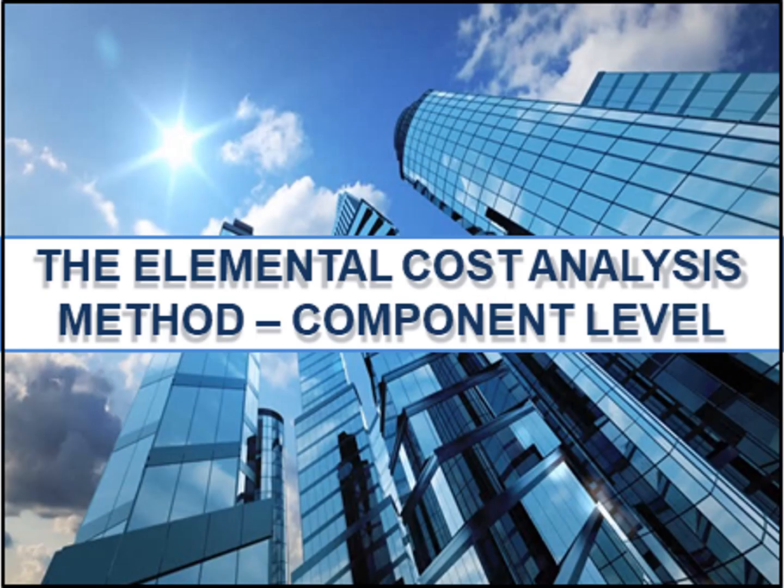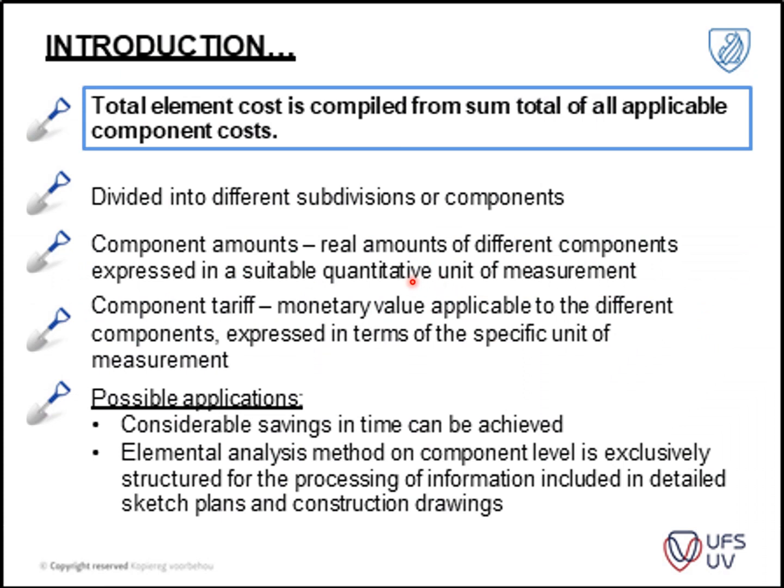Looking at the elemental estimate method first, we're going to spend some time on this after today's lecture still, so this is just the overview and the theory part of it. It is divided into different components. Component amounts are real amounts of different components expressed in a suitable quantitative unit of measurement, and the component tariff is the monetary value applicable to the different components expressed in terms of a specific unit.